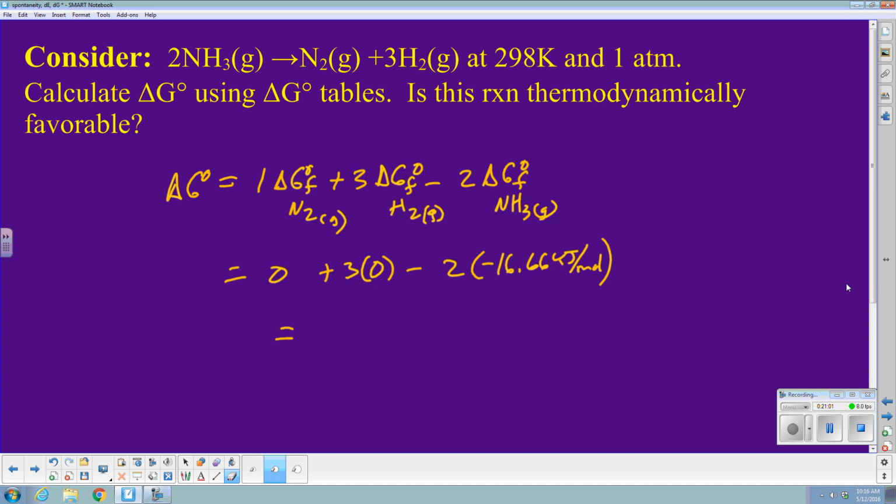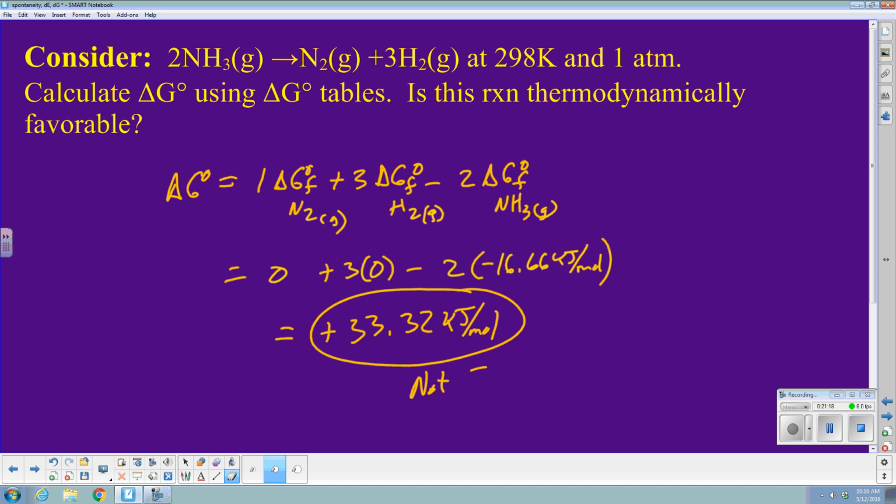So 16.66 times 2, and it is a positive 33.32 kilojoules per mole. Since it is positive, that is not spontaneous in the forward direction. Okay, great.